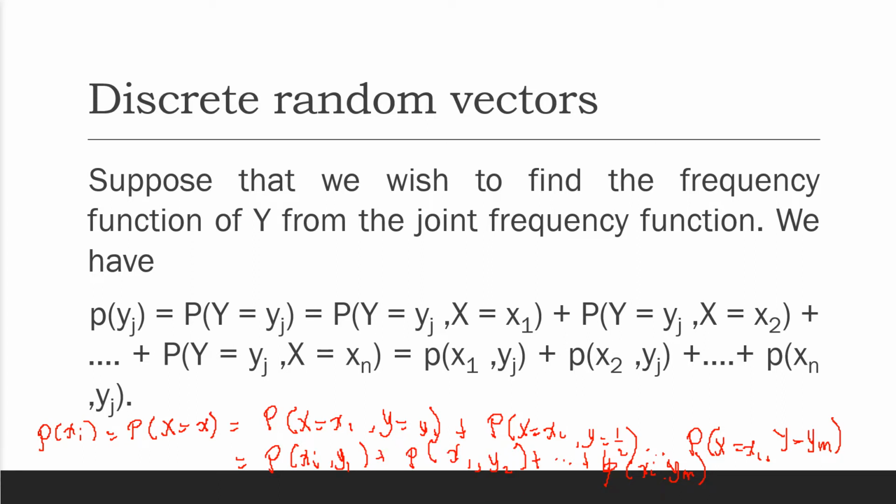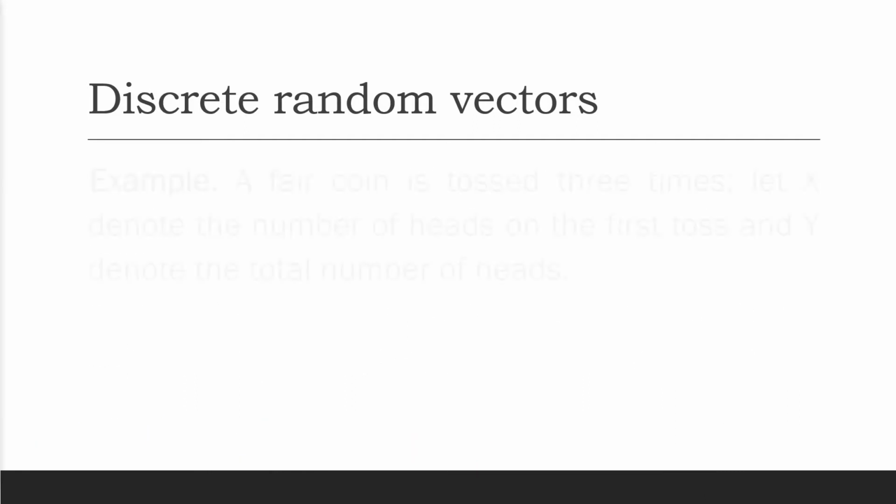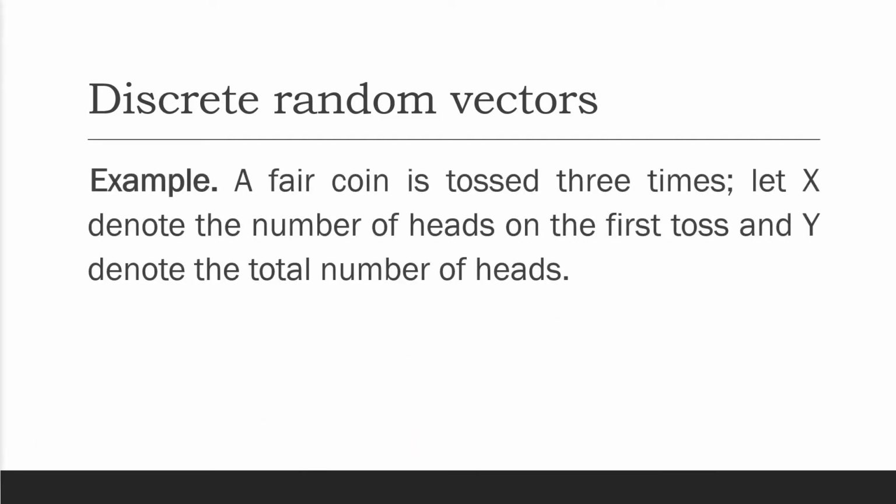Let's have an example. A fair coin is tossed three times. Let X denote the number of heads on the first toss, and Y denote the total number of heads.